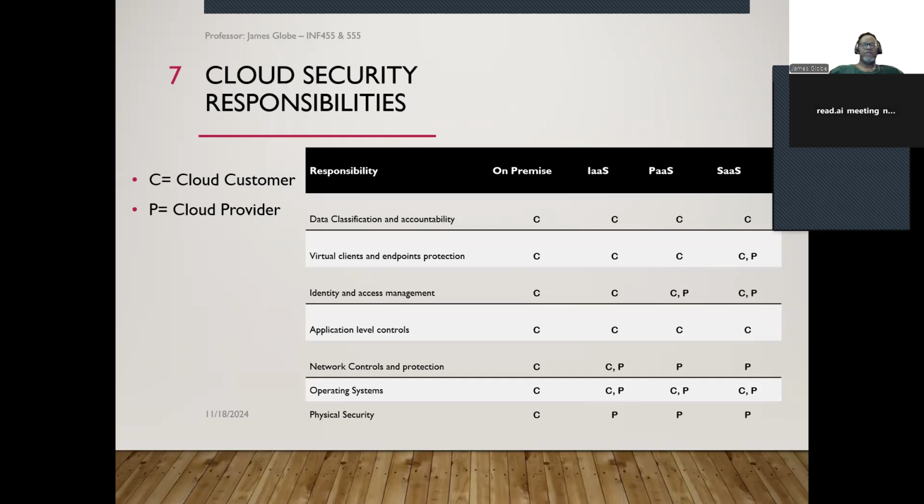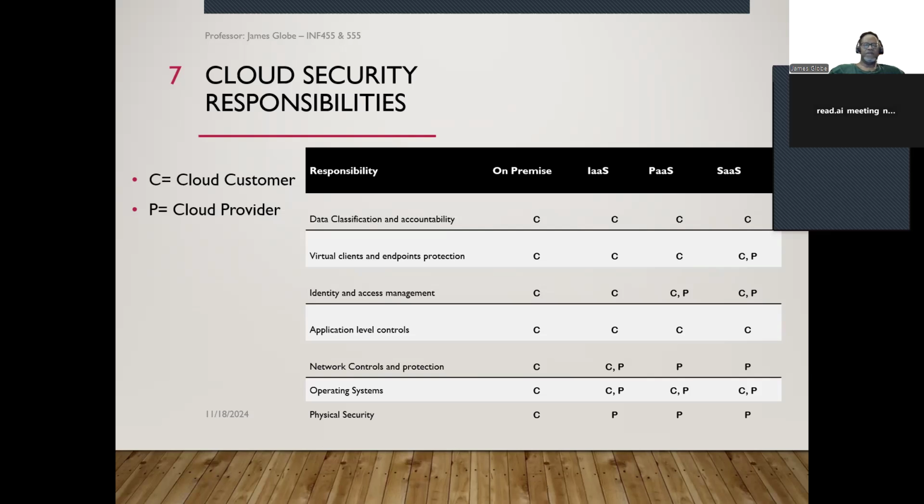So on on-premise, an organization is responsible for data classification, accountability, all endpoints, securing them, and securing your network, identity and access management, application security, operating systems, and physical security, the actual place where the servers are on site in the organization.